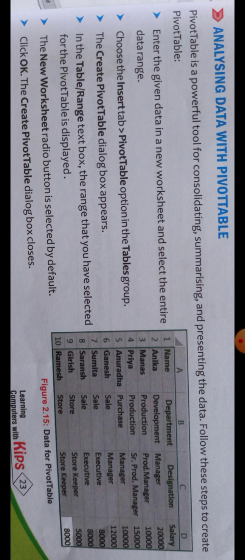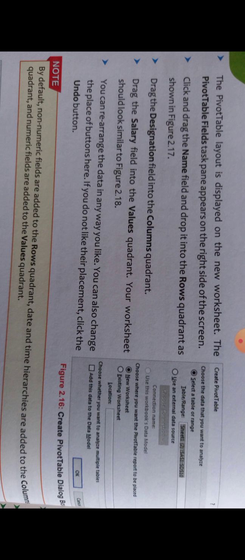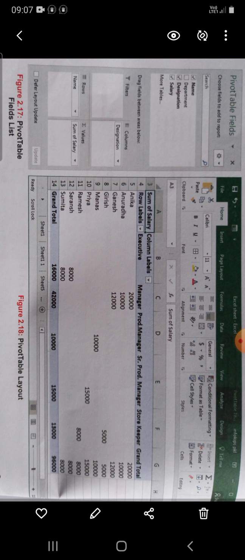After creating the pivot table, just look at the figure 2.18. How is it displayed? We can see that in figure 2.18, the department and designation of all the employees has been separated with their salary according to the department and designation, and their total salary is also displayed in a separate column.